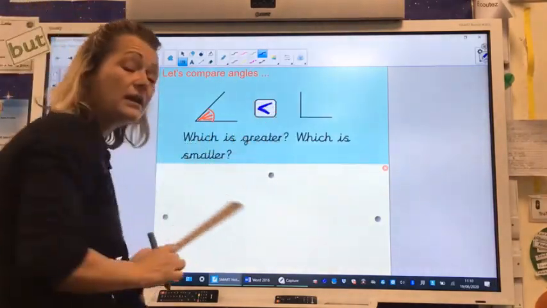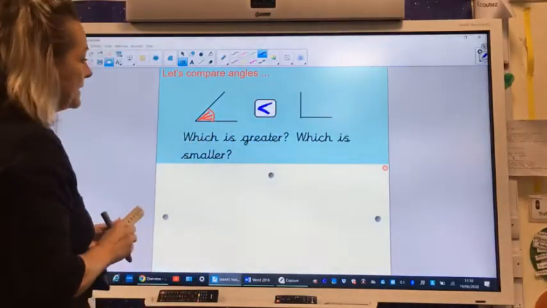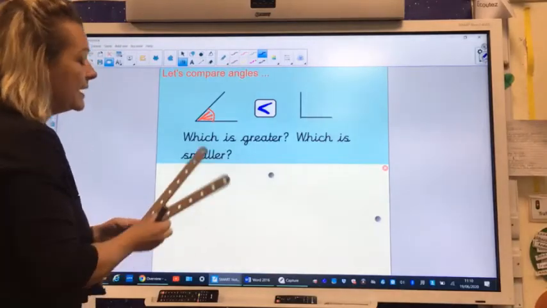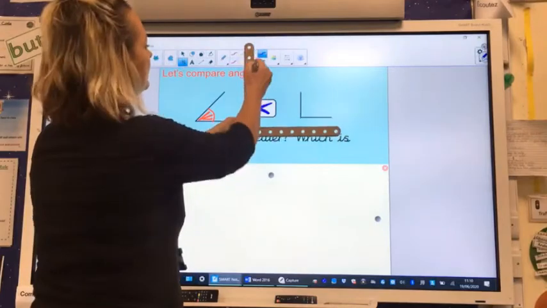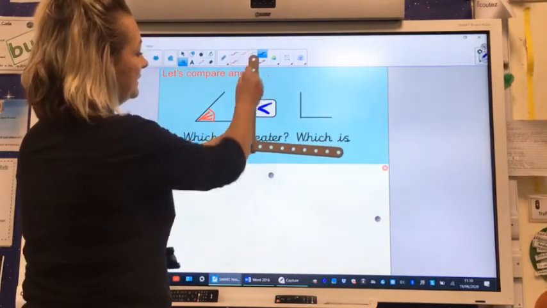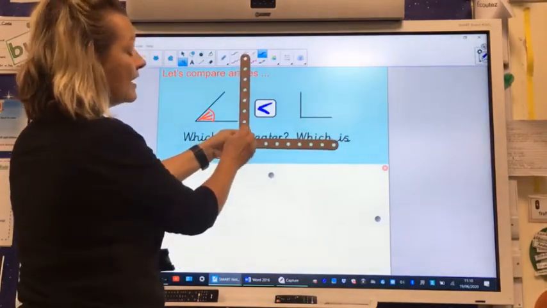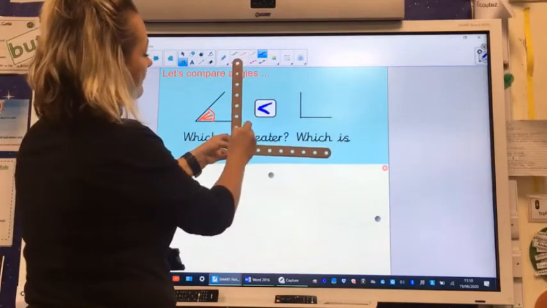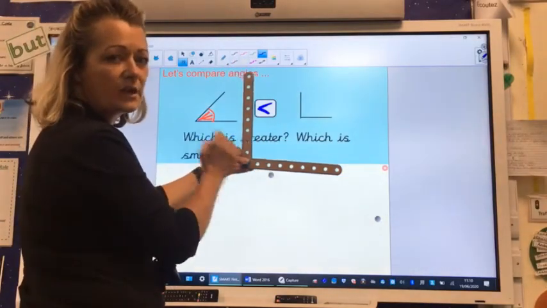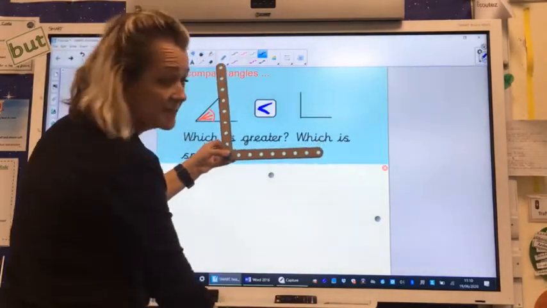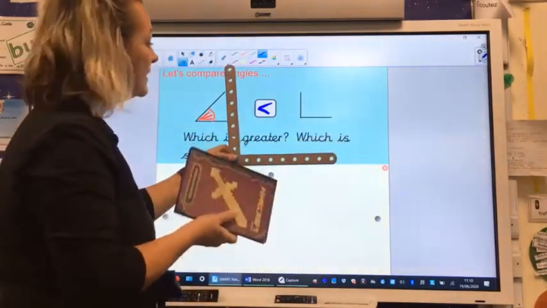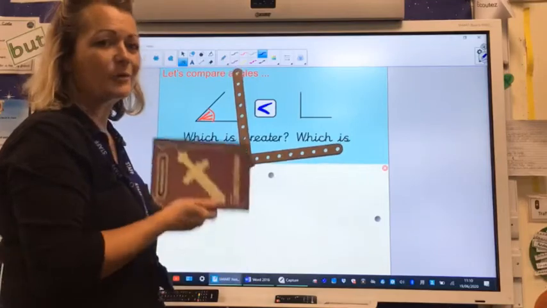With this angle, hopefully you recognized it as a special type of angle. This angle makes an L shape. You can see I've made it with my lines here, an L shape, and inside of that L shape we have a very definite corner. It's a 90-degree corner. I can test that it is a 90-degree corner using lots of objects around the home or the classroom.